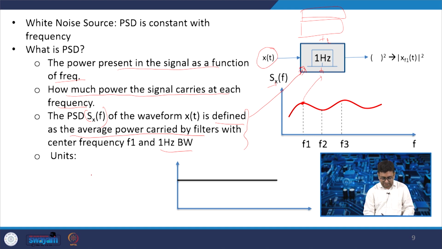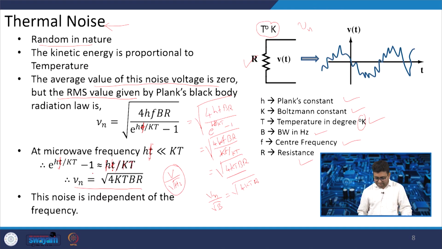One of the units, if you look at the last slide: if I take the square of this term, I get Vn squared, which is 4kTBR, and if I take the bandwidth out, then 4kTR. So this is nothing but volt squared per hertz.